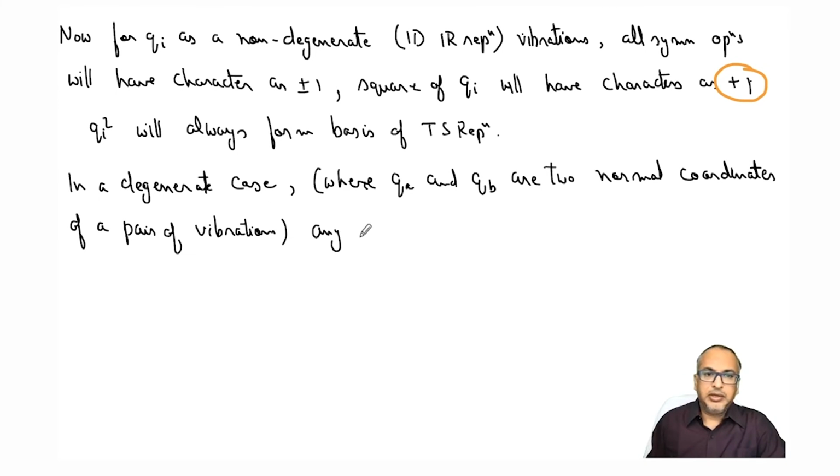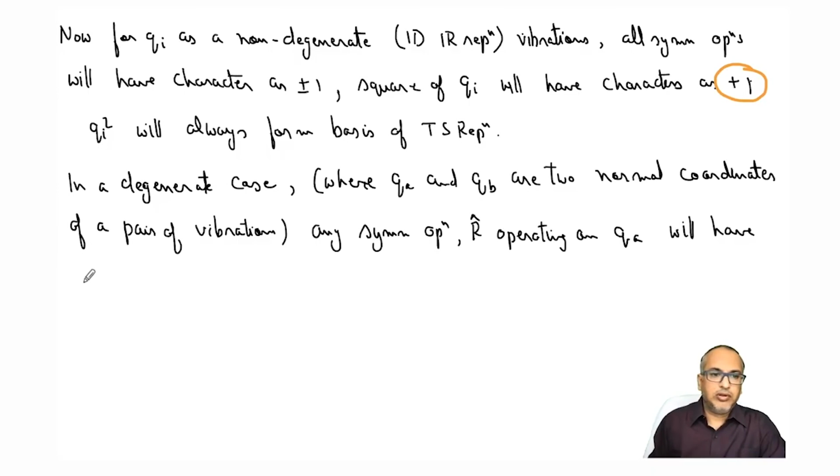Now any symmetry operation, let's say R, operating on QA will have the following result.